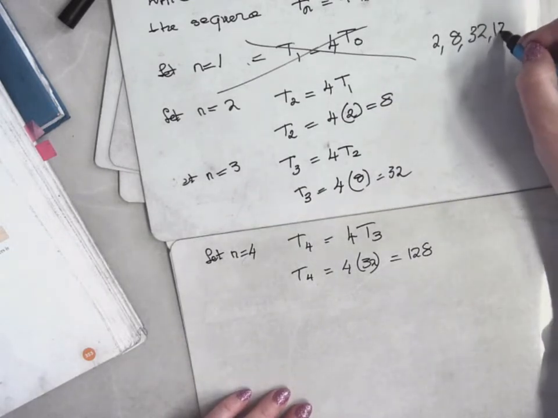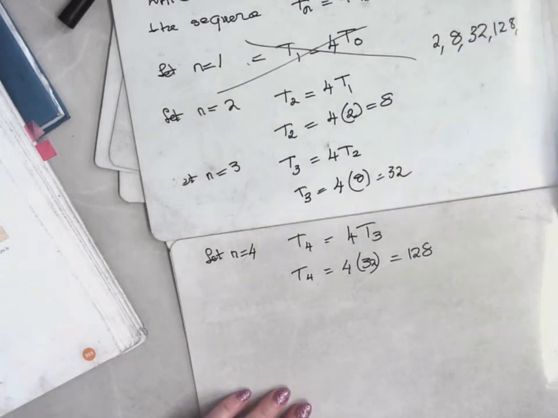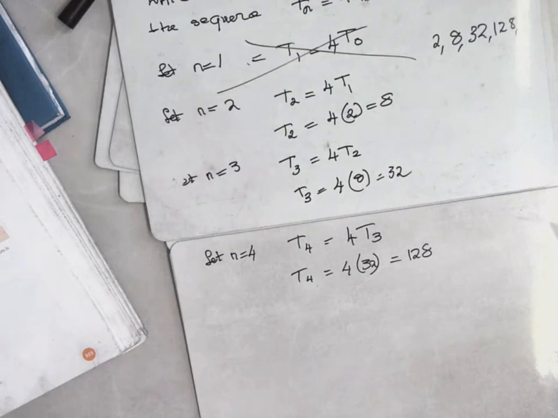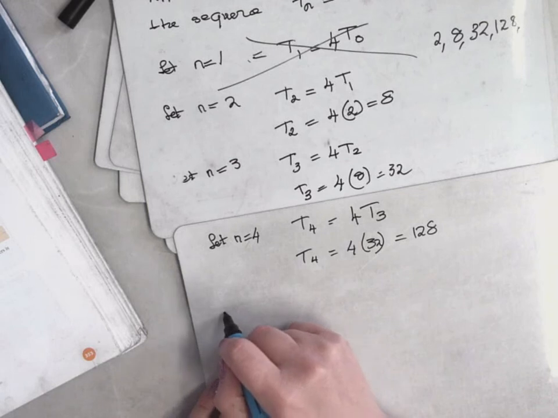Now this is actually a geometric sequence. You're multiplying by 4 every time, but that just happens to be the way. Is that alright? And let n equal 5.